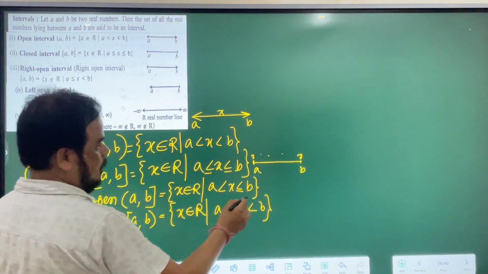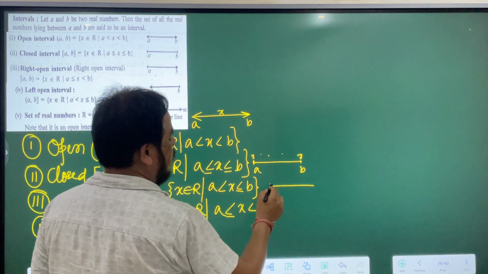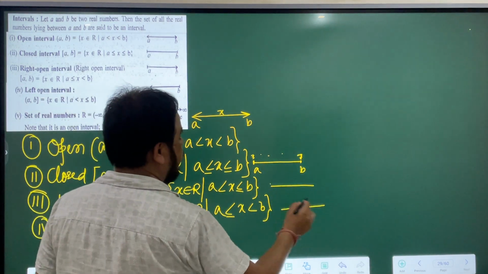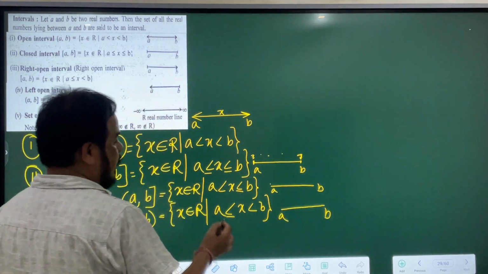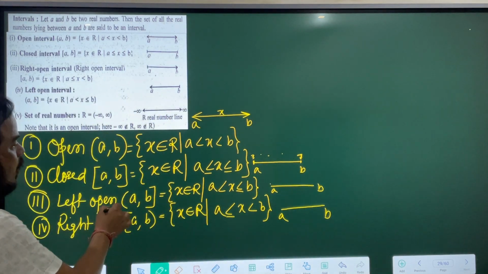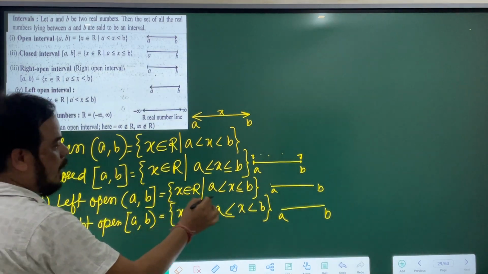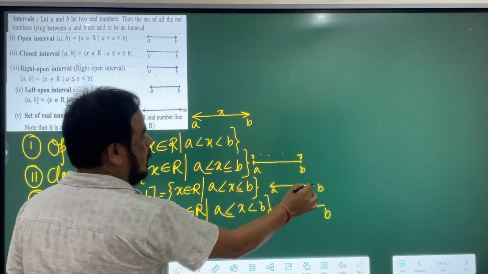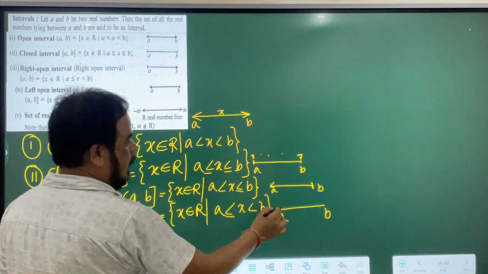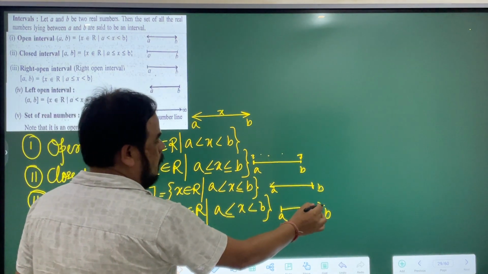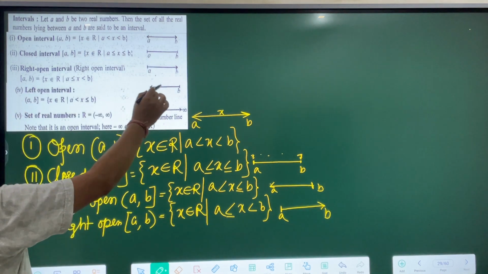Now how to express the symbols in number line. A, B. Now here left open, open left. So this way. B is closed. Here A closed, B open.